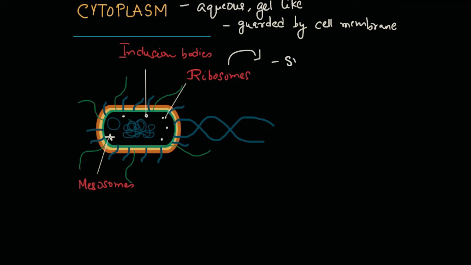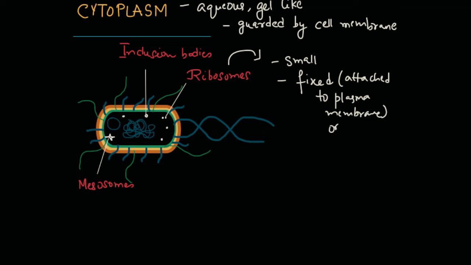Ribosomes are very small structures present in the cytoplasm. They can be present in two forms. Either they can be fixed, that is attached to the plasma membrane, or they can be free, that is lying in the cytoplasmic matrix.